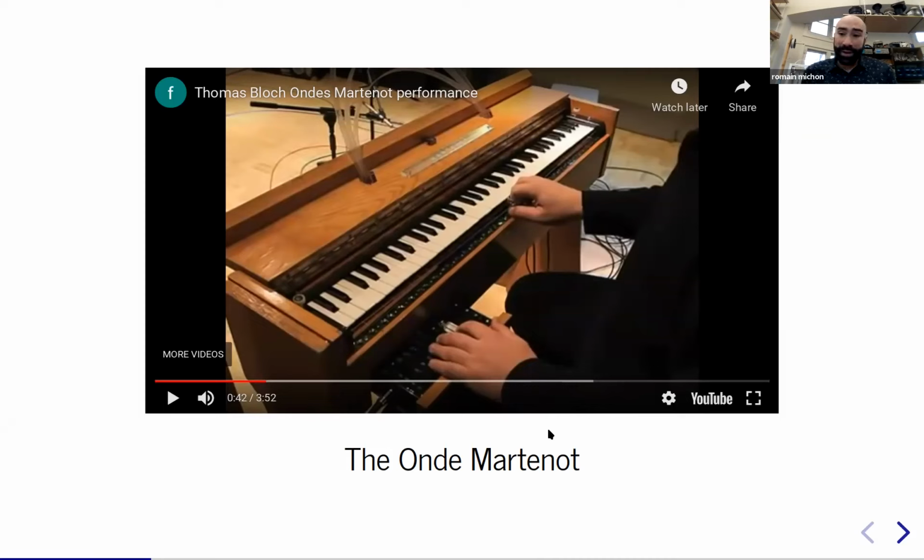Nowadays there are few people who know how to play the onde Martenot. It has kind of an interesting history, because it became popular in the 30s and to some extent in the 40s in France, and actually all conservatories in France started having classes for the onde Martenot.